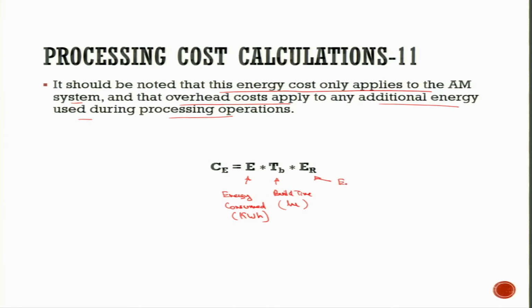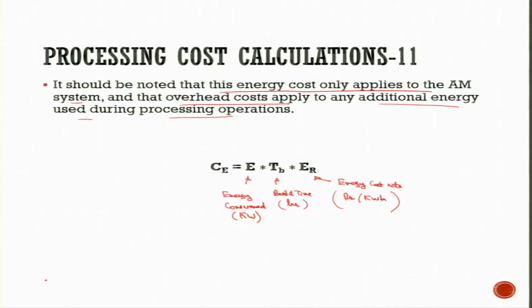So this is the energy cost rate, which would now be rupees per kilowatt hour. In this case, energy consumed would be then kilowatt only, not kilowatt hour, right, because time is already taken here. Energy consumed into the time, then the total energy cost rate in rupees per kilowatt hour.